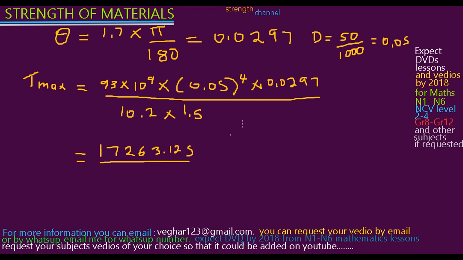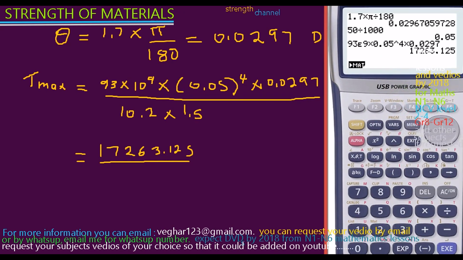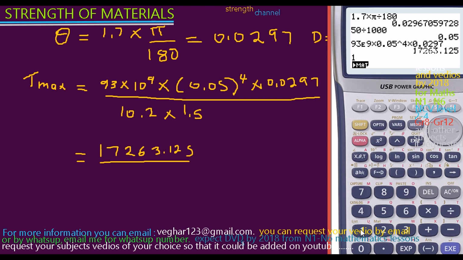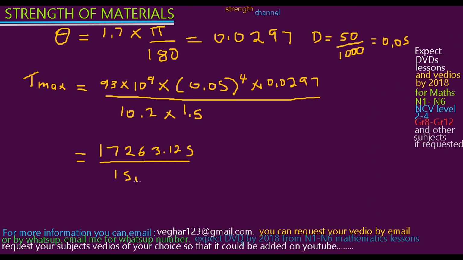Divided by this one. What is 10,2 multiplied by 1,5? Equals 15,3.